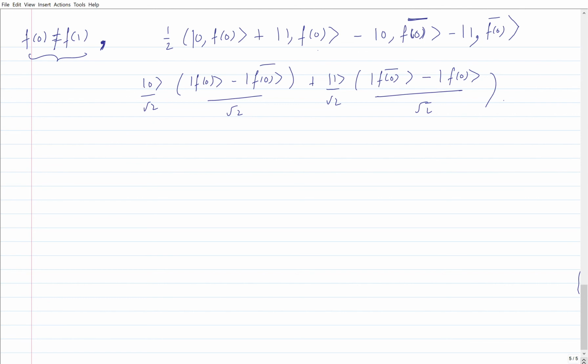Essentially, we can write this was our original expression, this was f1, and this was again f1. So we just replaced it by f0 bar, f0 bar. Is that correct?